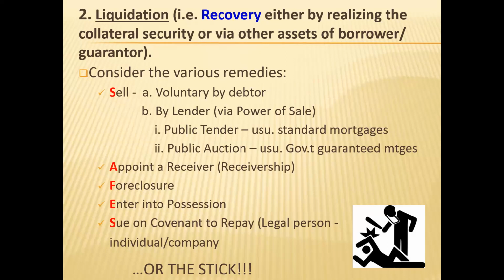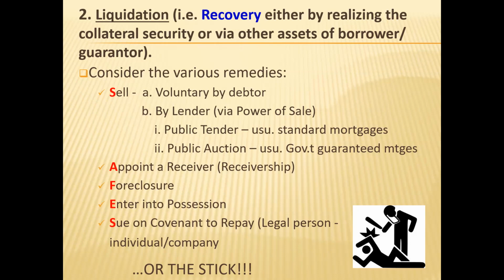Either voluntary by the debtor, you allow the debtor to sell the asset that is pledged to the bank, whether that is the car or furniture or the real estate. So you allow them, and you'll do this for customers who you trust and who've been good payers.